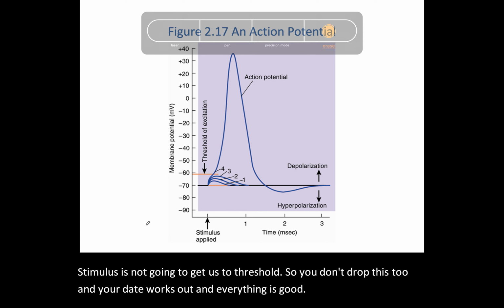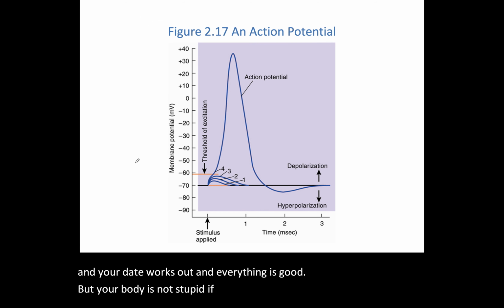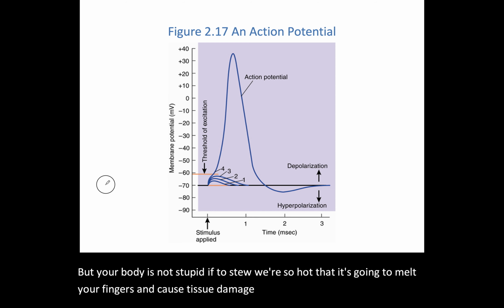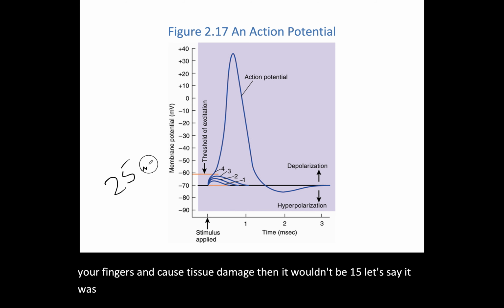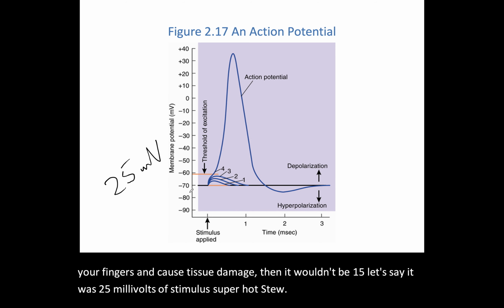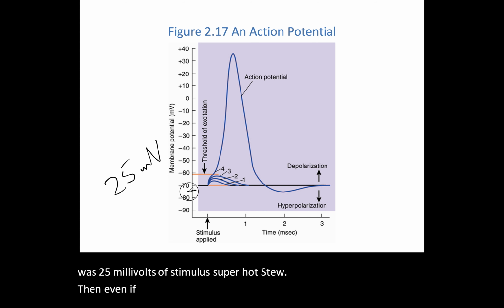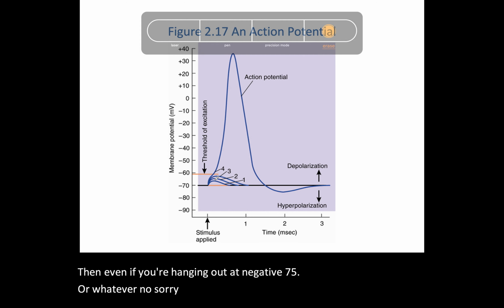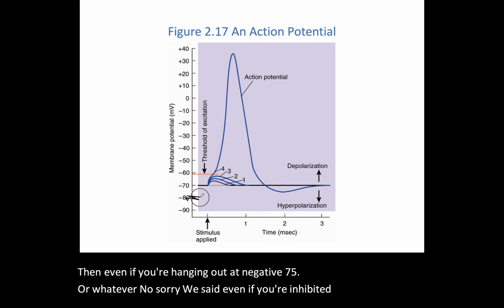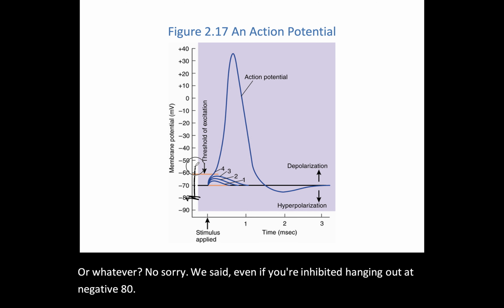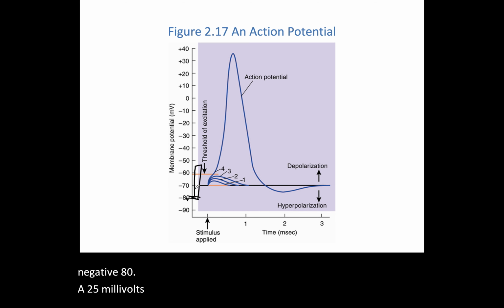But your body's not stupid. If the stew were so hot that it's going to melt your fingers and cause tissue damage, then it wouldn't be 15. Let's say it was 25 millivolts of stimulus, super hot stew. Then even if you're inhibited, hanging out at negative 80, a 25 millivolt stimulus would make you drop it.